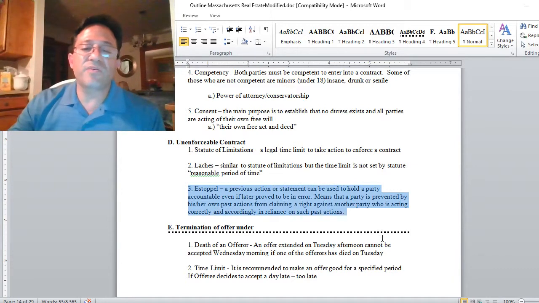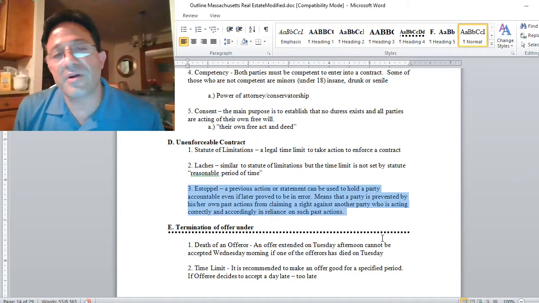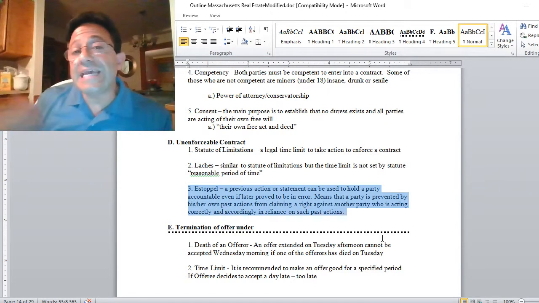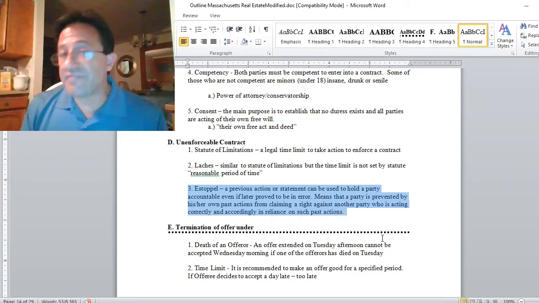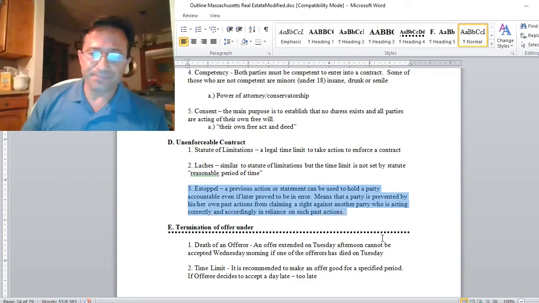That means that a party is prevented by their own past actions from claiming a right against another party. So if a party goes to raise an action against another party, and that party that's taking the legal action doesn't have clean hands, they did something wrong in the past, they may be stopped from enforcing that contract.